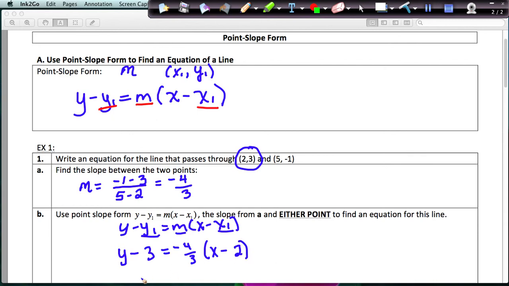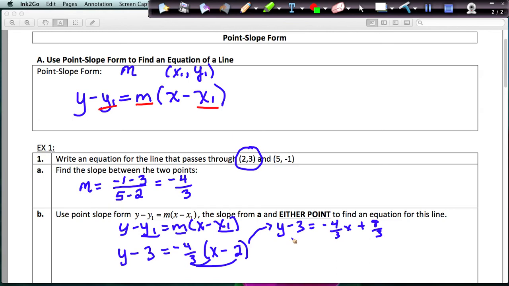And now we just need to simplify, so I need to distribute this -4/3 through my parentheses. And I get y minus 3 equals -4/3 x. And then a -4/3 times a -2 is a positive 8/3. And then the last step, I want to get this in the form y equals mx plus b, because it just makes it easier to graph.